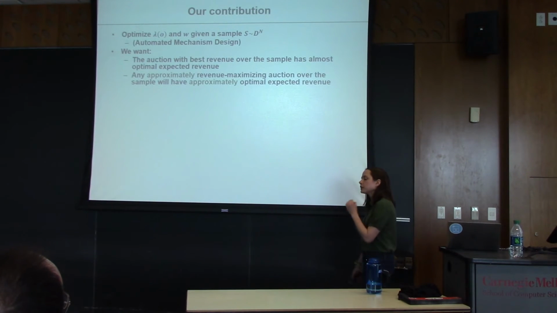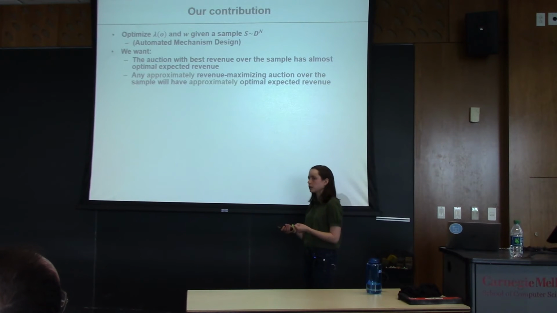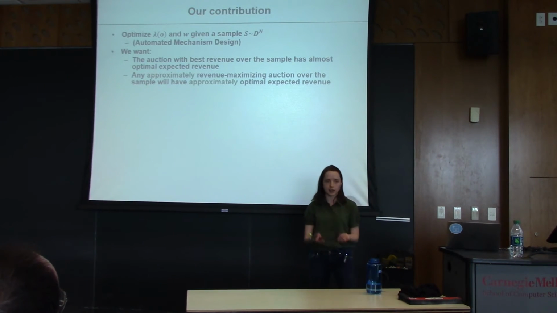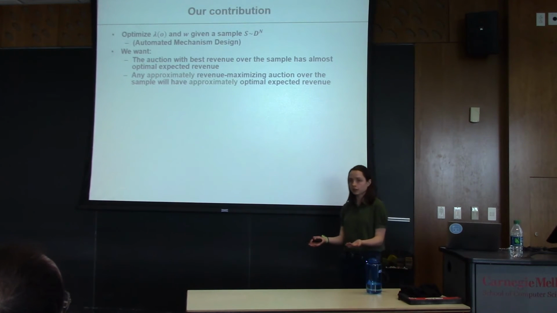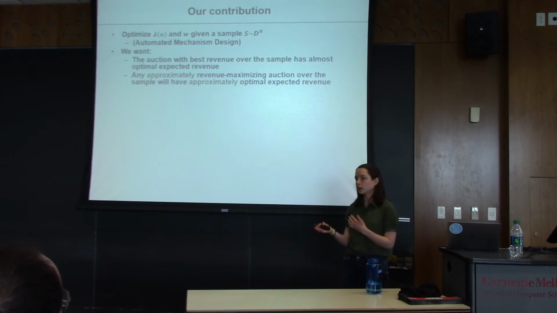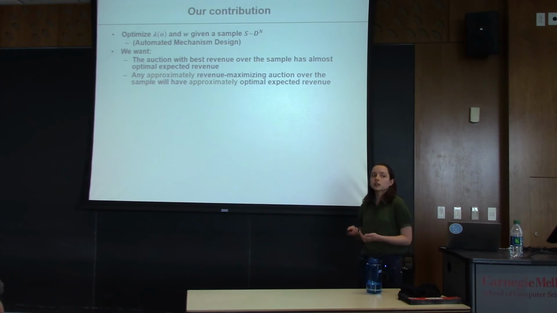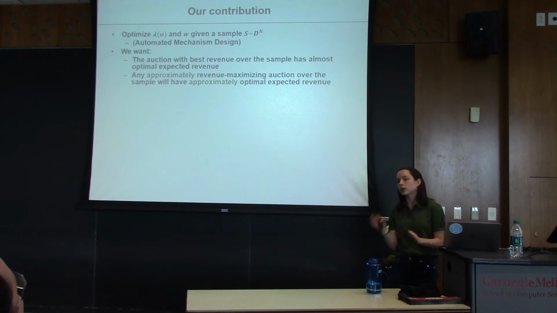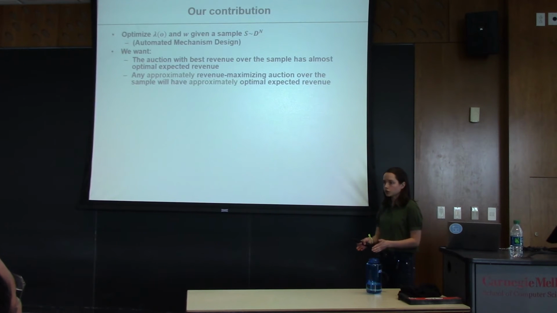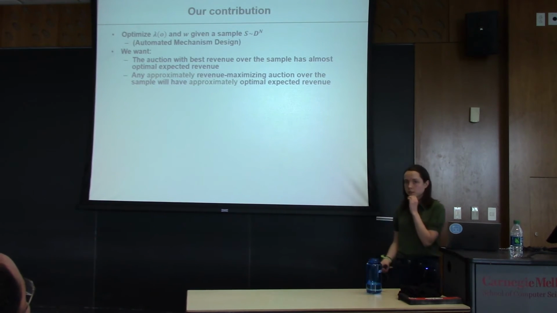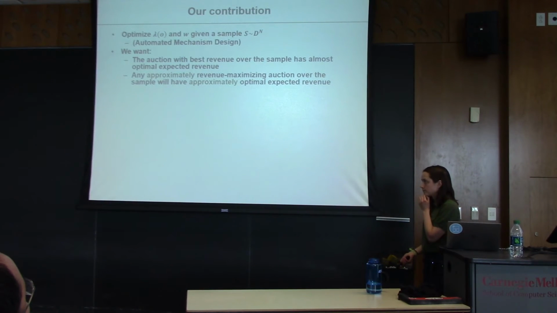Moreover, sometimes it's hard to optimize over these auction classes. Affine maximizer auctions are a very rich class of auctions, so it's hard to optimize over them. So we would also like that any approximately optimal auction over the sample has approximately optimal revenue with respect to the distribution.